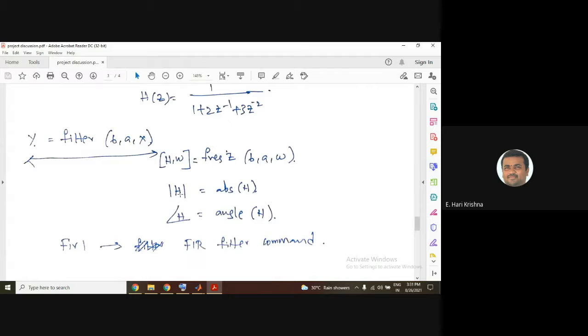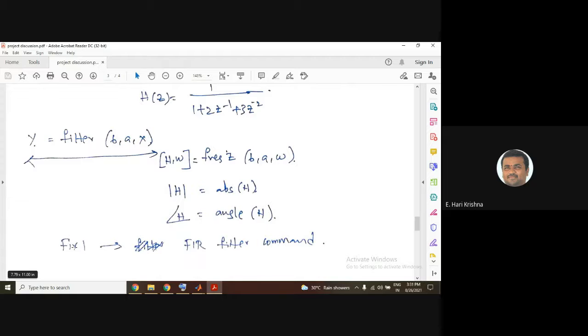The magnitude of H is abs of H, and the angle of H is angle of H. The magnitude response and phase response can be plotted using the abs command and angle command. Try to do these examples so that you are able to do more work.